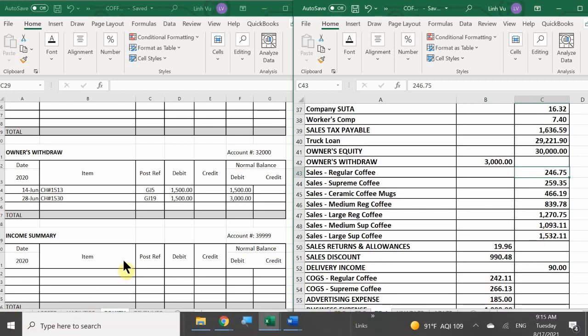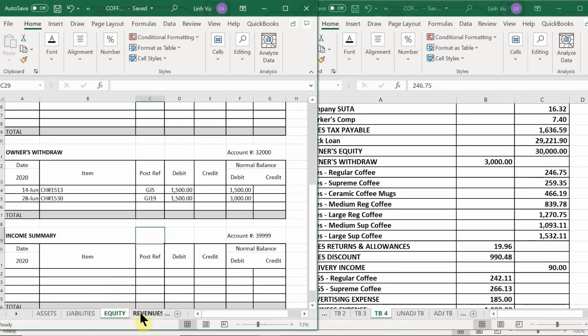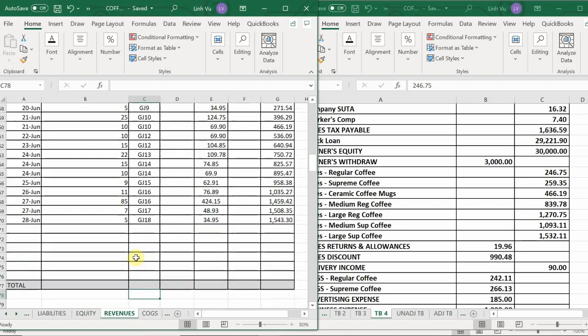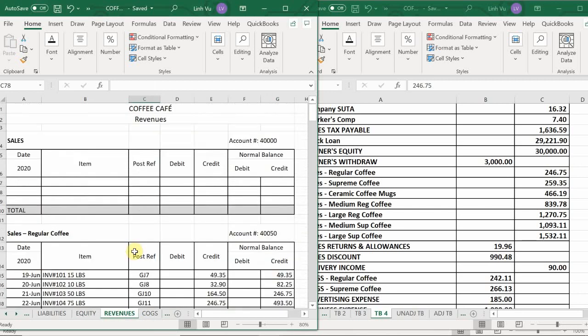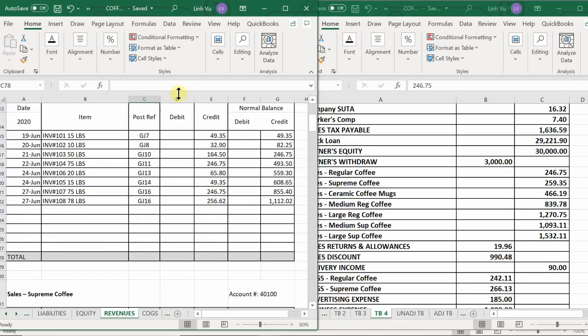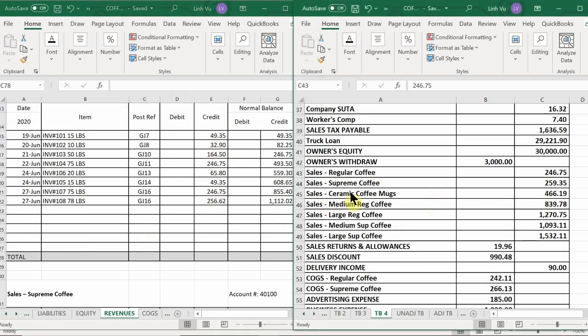All right. Now we're going to move on to revenues. Okay. Take it back from the top for revenues, right? Because we sold a lot of stuff. So let's go ahead and go down the list for revenues, starting with sales regular coffee.